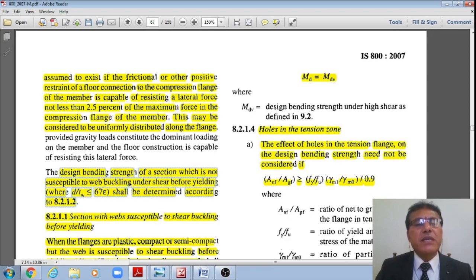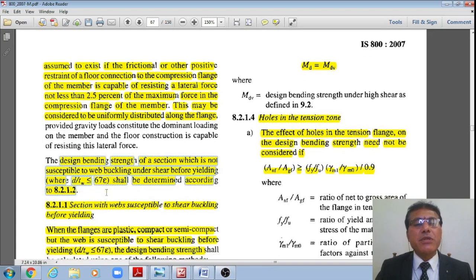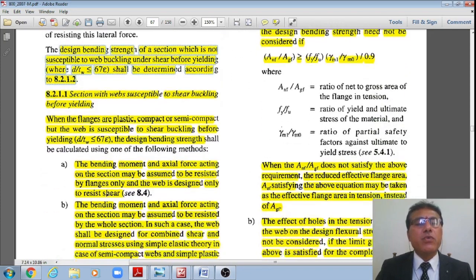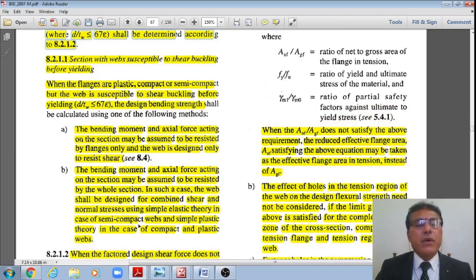The code says that the design bending strength of a section which is not susceptible to web buckling under shear before yielding, meaning when d by tw is less than 67 epsilon, shall be determined according to clause 8.2.1.2. This is what we have already done; we found Md using that. Let me check whether d by tw is less than or equal to 67 or not.